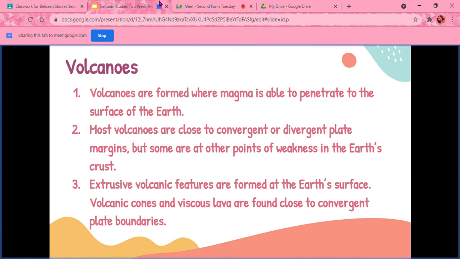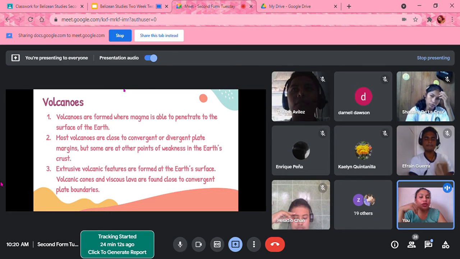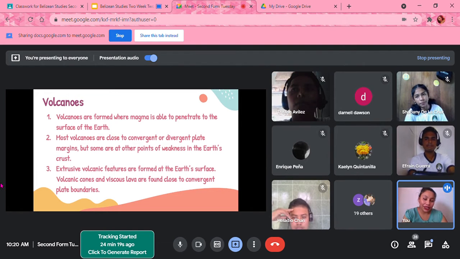So, looking at the first one, volcanoes are formed where magma is able to penetrate to the Earth's surface. So we don't have a volcano everywhere in the world.